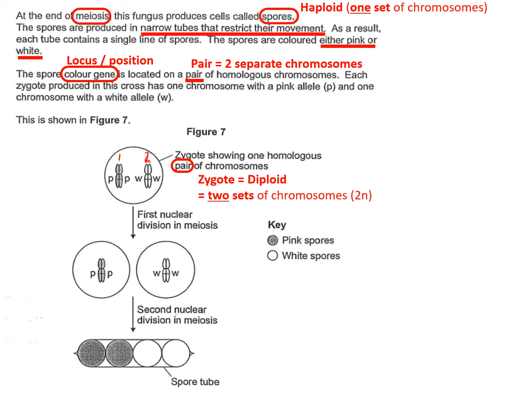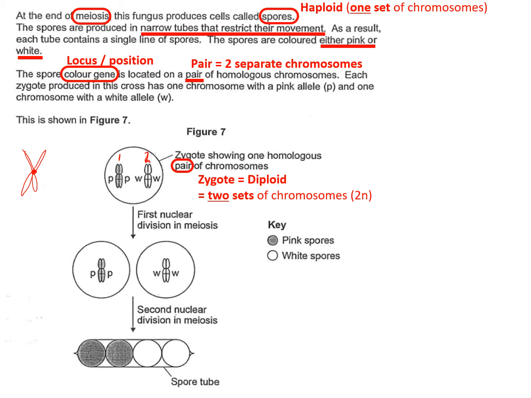Now, if you look at chromosome 1 on the left, hopefully you can see that this chromosome is made of two identical sister chromatids. So this is a replicated chromosome. It's still counted as one chromosome, but it's after DNA replication, which occurs in S phase.